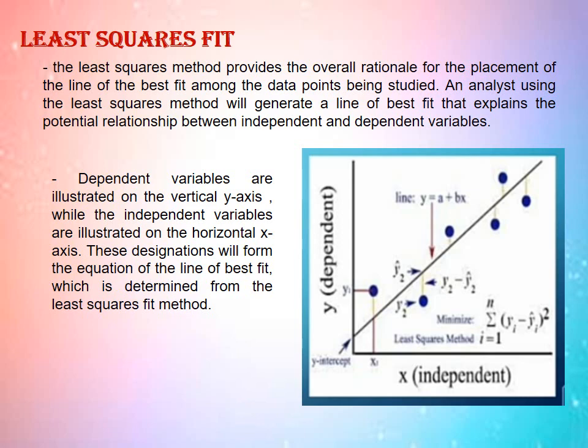The dependent variables are illustrated on the vertical y-axis, while the independent variables are illustrated on the horizontal x-axis. These designations will form the equation of the line of best fit, which is determined from the least squares fit method.